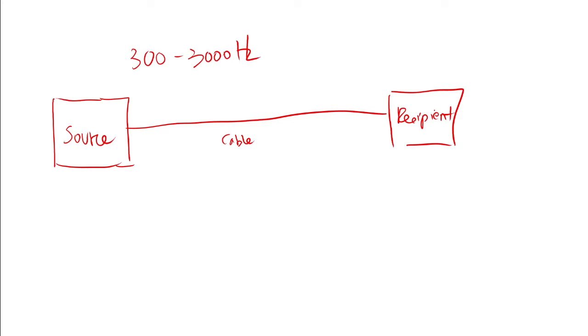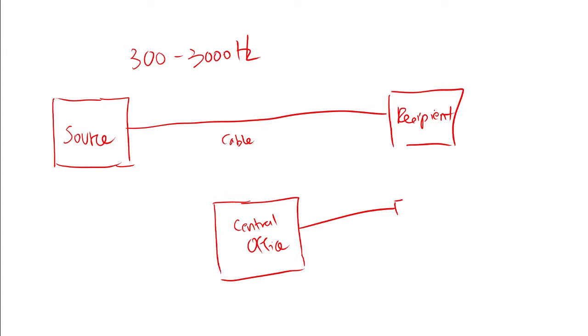Now, if we think about this more complicated, we actually have two people. So we have our central office, which connects all of our telephones.